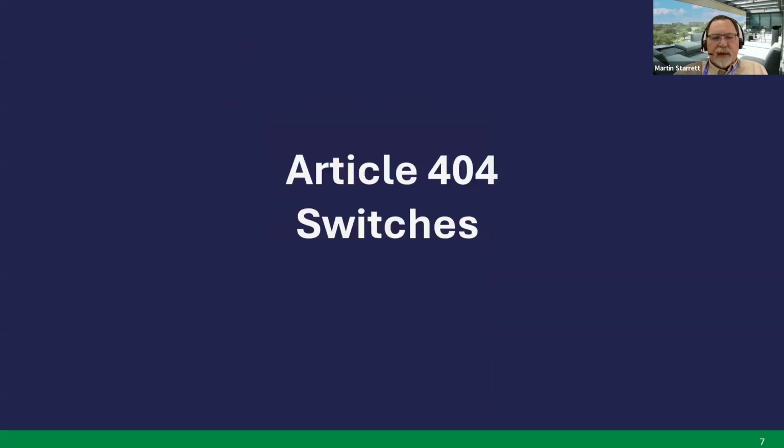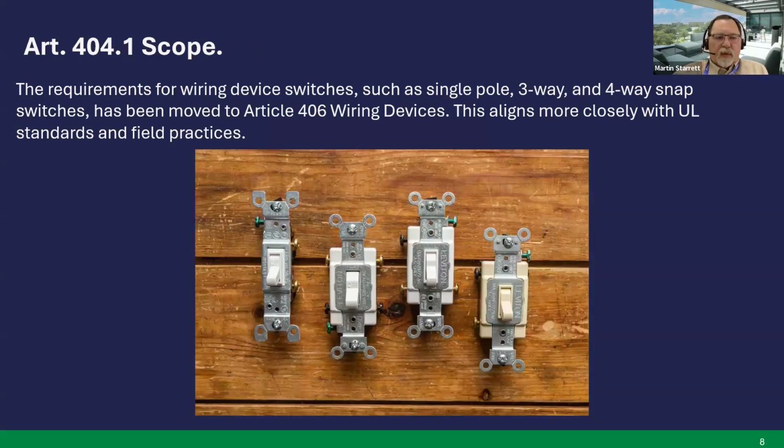Next slide. Article 404 switches. So Article 404.1, the scope. The requirements for wiring device switches, such as single pole, three-way, and four-way snap switches, has been moved to Article 406 wiring devices. This aligns more closely with UL standards and field practices.